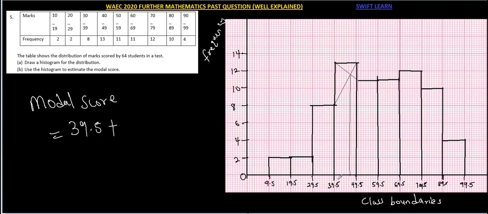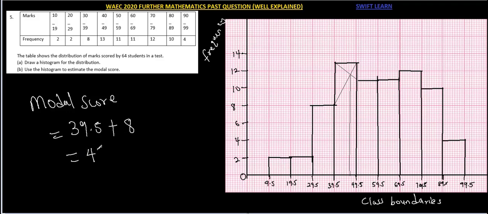Each hole signifies 1. You can zoom in the video if you want to see. From here to this part is 40.5, 41.5, 42.5, 43.5, 44.5, 45.5, 46.5, 47.5, 48.5, 49.5. So that's how it goes. If you calculate it, there's an additional 8.